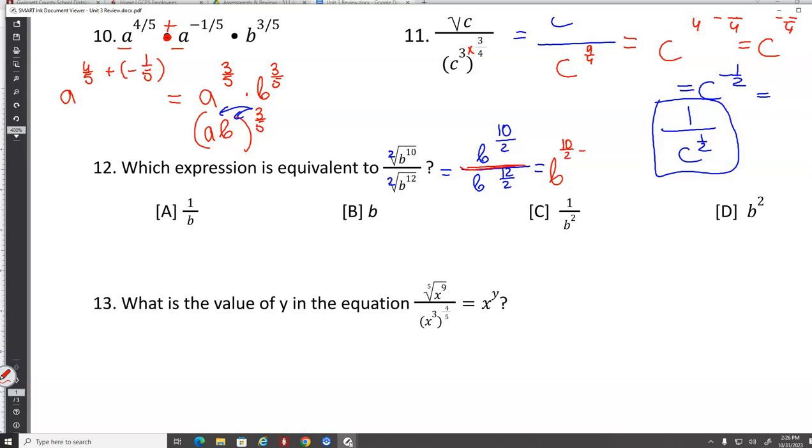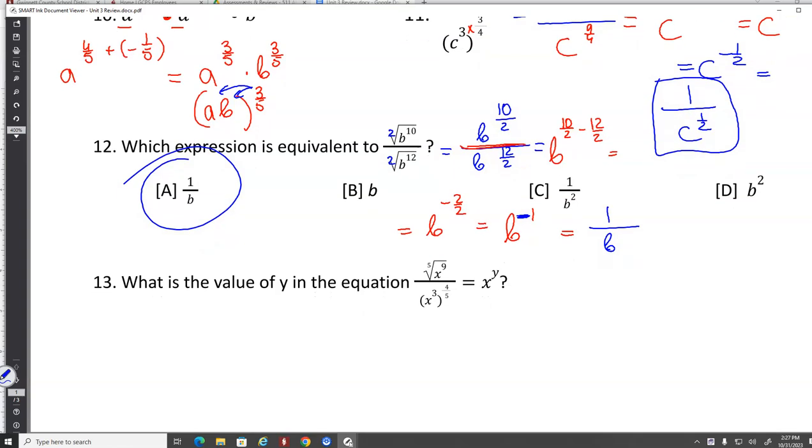That is going to give us B raised to -2/2. Now, -2/2 can be simplified to simply -1. So that's B to -1. And this negative right here lets us know that that's going on the bottom of the fraction. Okay, and there is only 1 on the top. So the correct answer is A.